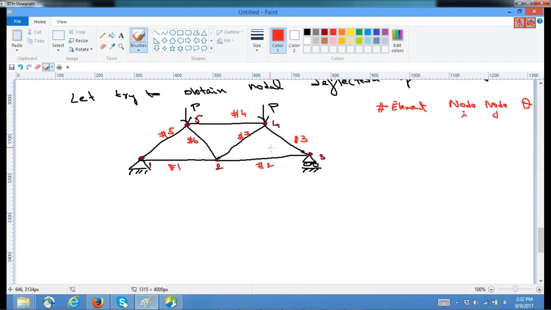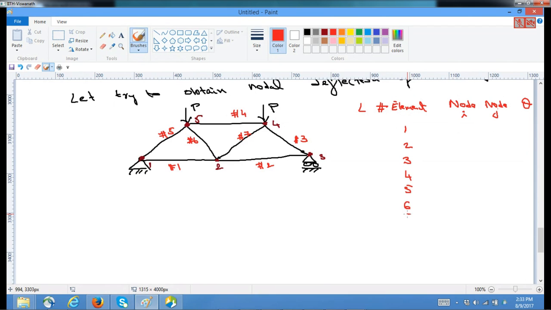Anyway, the length of all the members is the same because theta is 60. It's an equilateral triangle, so in an equilateral triangle all the lengths of the members are the same. Still, let me make the entries. We have 7 elements: 1, 2, 3, 4, 5, 6, and 7.